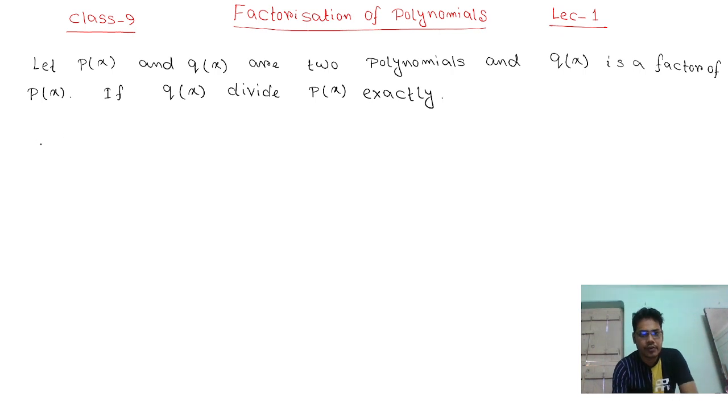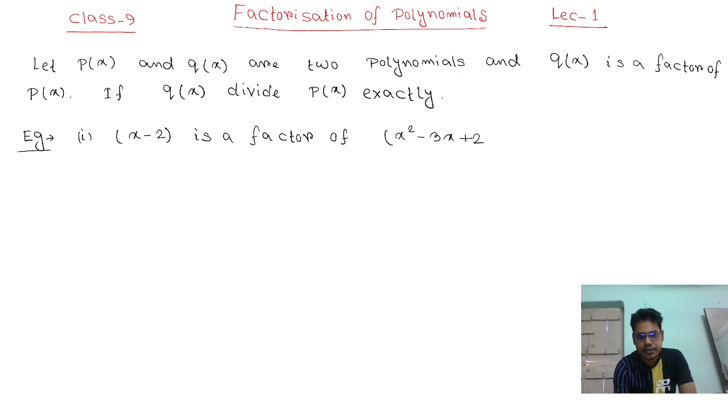For example, first example, x minus 2 is a factor of x squared minus 3x plus 2.